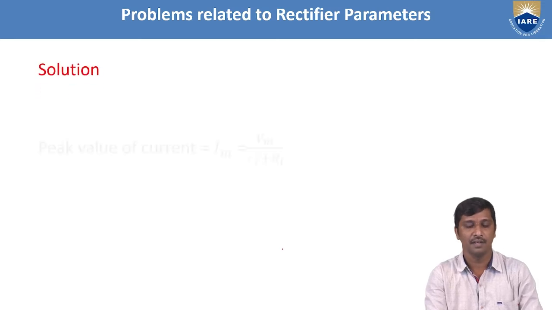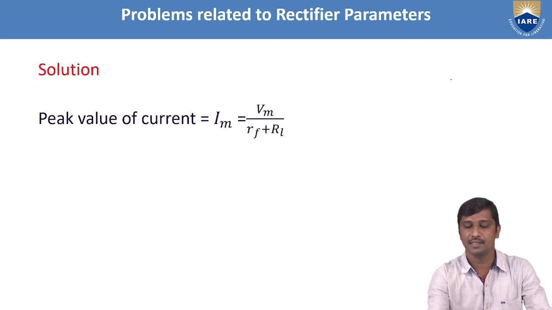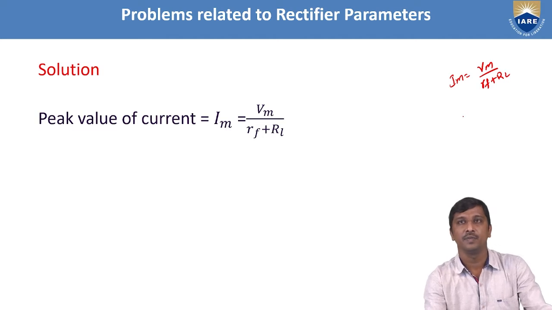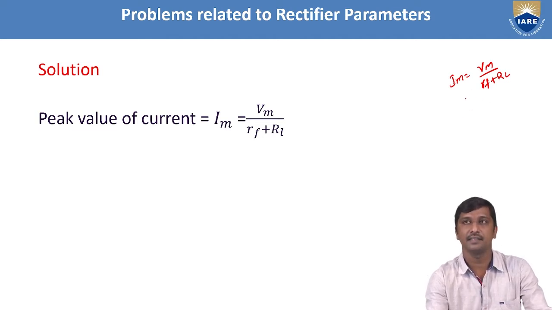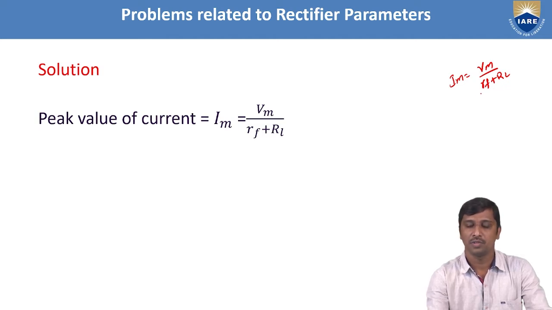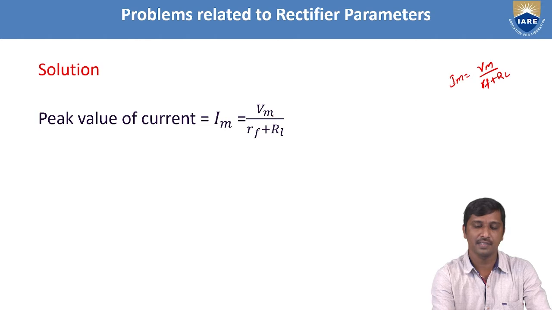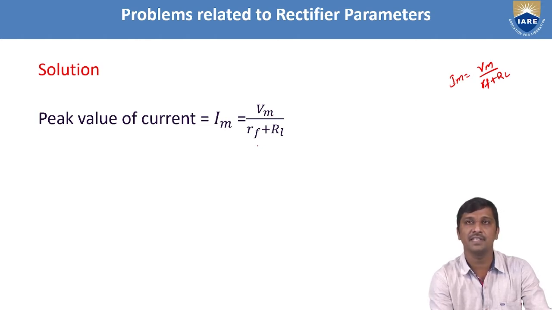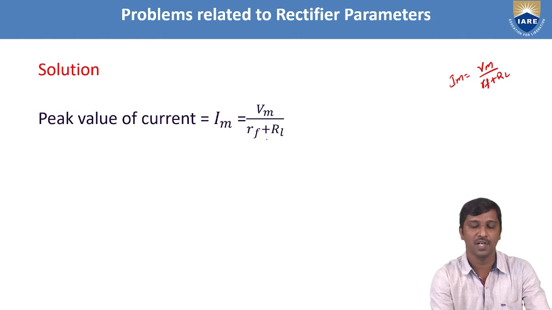We know that IM is represented as VM by RF plus RL. Based on the general formula, I is the ratio of voltage to resistance. Here V means VM, and R means the resistance based on the given circuit. In a half wave rectifier we are using only one diode, hence it contains only one diode forward resistance, represented as RF.